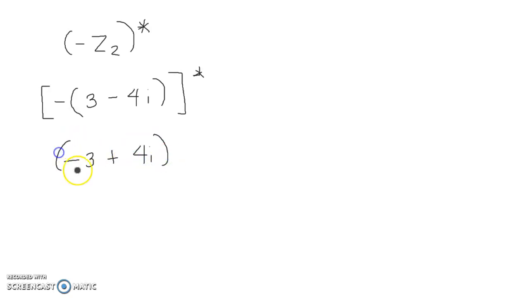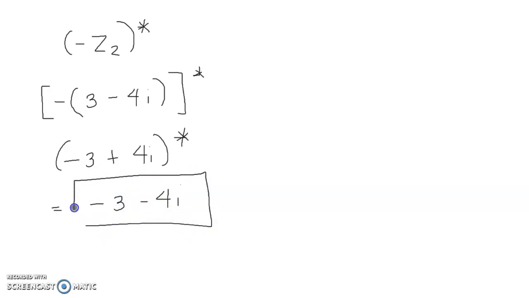Then we have the conjugate, meaning we'll get the opposite sign of our imaginary part, which is negative 3 minus 4i. So this is the answer for our given, the conjugate of negative z2.